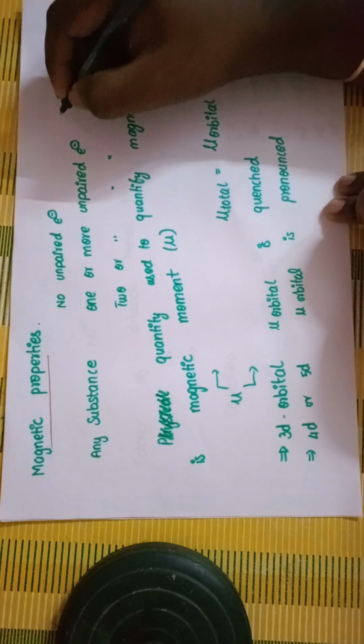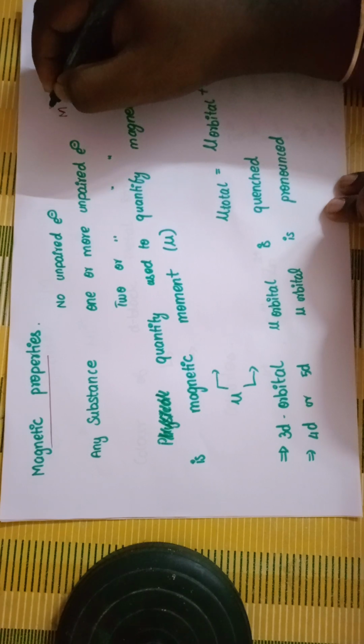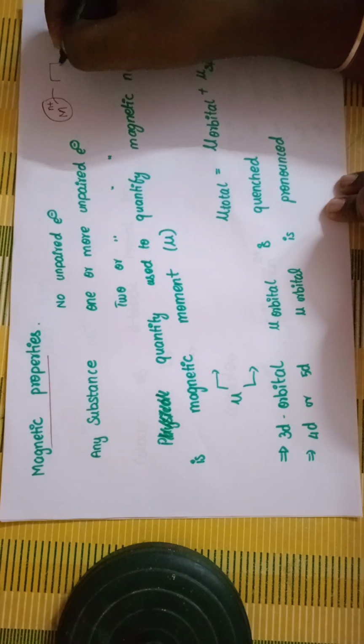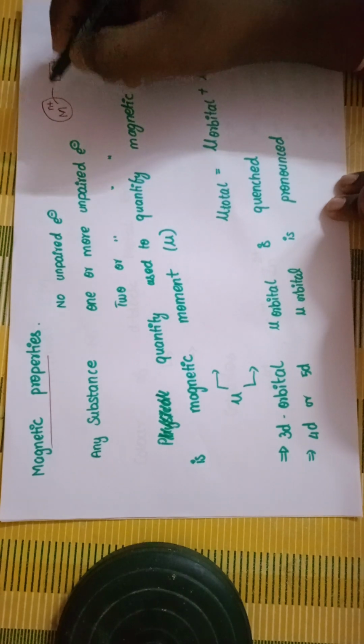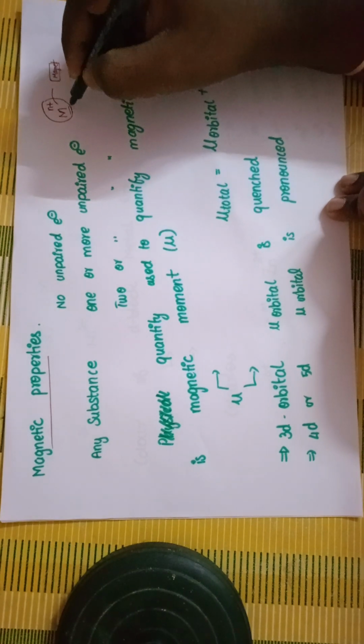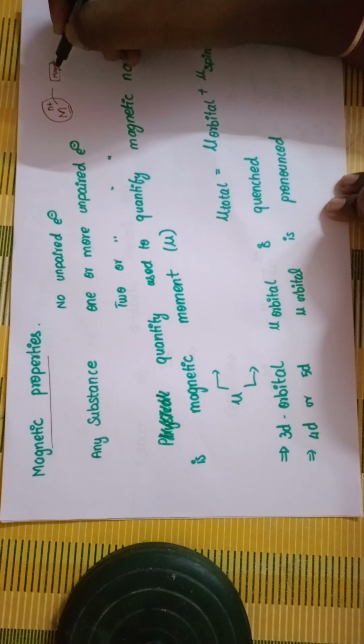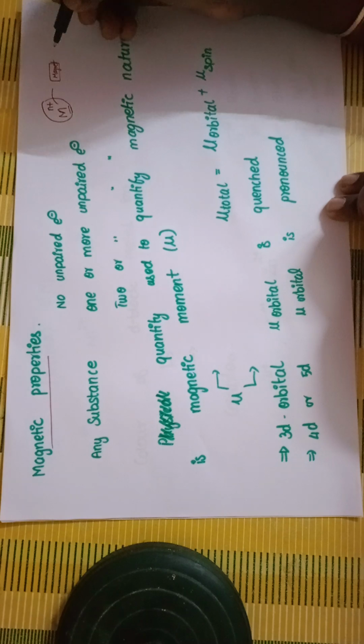See, you have a metal ion, and you are bringing the metal ion near to the magnet. If it gets repelled, it exhibits one type of magnetic property. If it gets attracted, it exhibits another type of magnetic property.